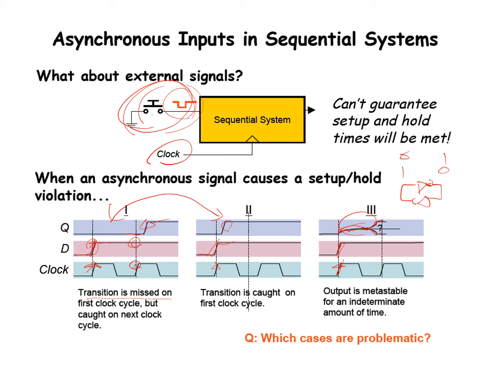This kind of metastable condition will be problematic, because any logic after this event can fail, because the combinational logic must complete within one clock cycle. But having this kind of unexpected large delay will cause the system to fail.